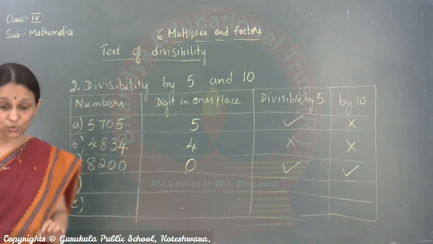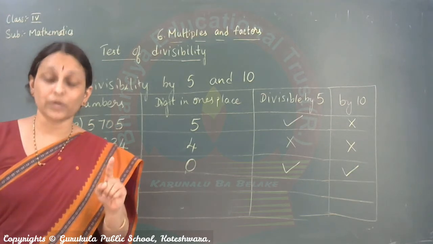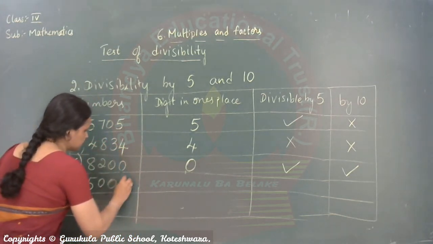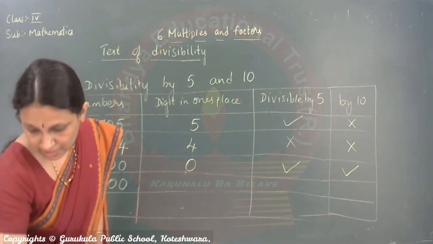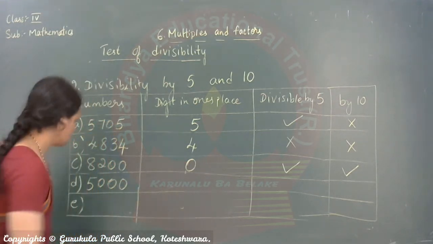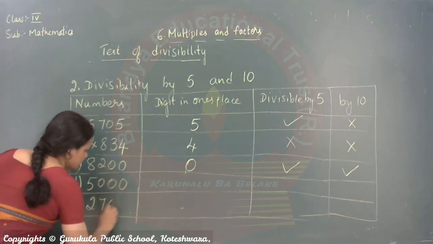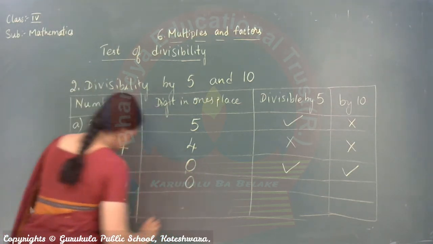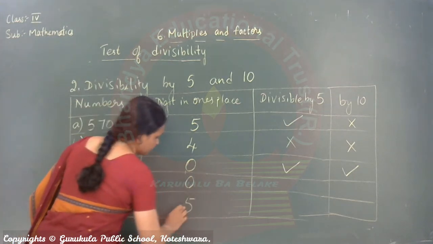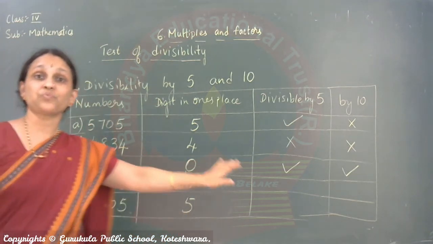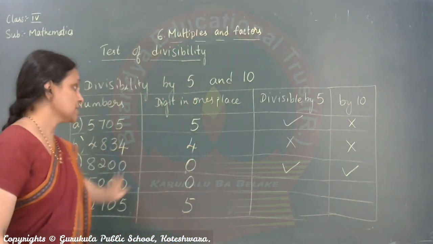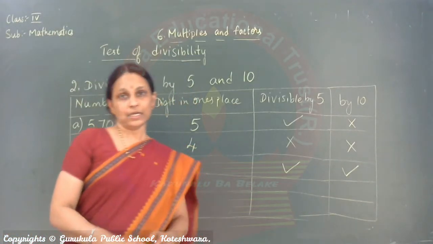Next, last two numbers, it is your work. The numbers are 5000 and the last number is 2705. Now, number in ones place. I have written, it is your work to find out whether it is divisible by 5, these two numbers, and whether they are divisible by 10.